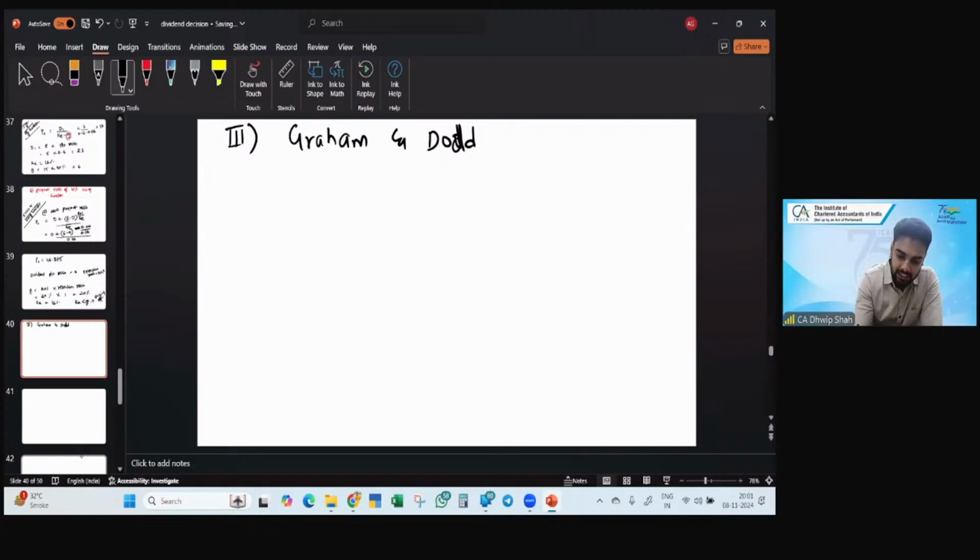As I said, all the finance scholars have given formulas. Graham and Dodd also have given a formula. As per Graham and Dodd, the price of the share today is nothing but multiplier multiplied by D plus E upon 3.